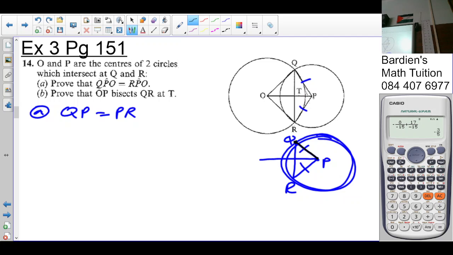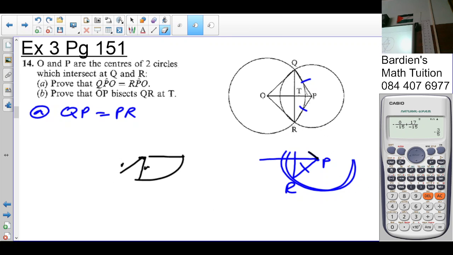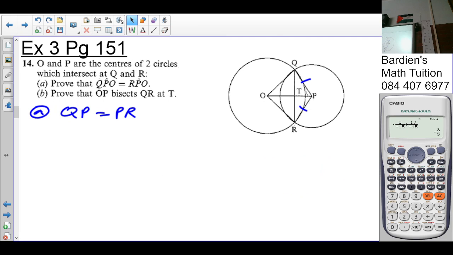The radius of a circle. Center to circumference is your radius. From this point to the circumference is your radius, and it will always be the same length. You guys understand? So you can say that QP is equal to PR because it's your radius. That's all.